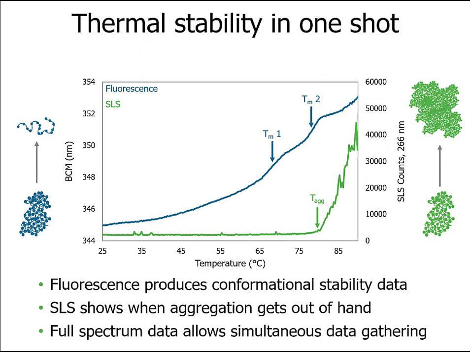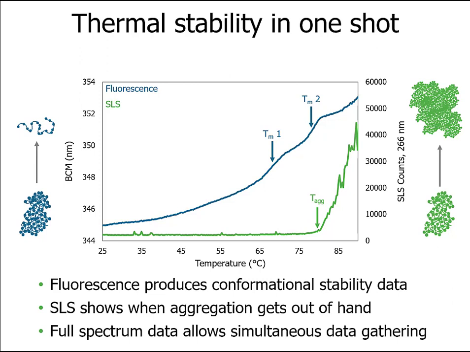Uncle delivers this fluorescence data simultaneously with gathering SLS data to get protein thermal stability and aggregation information in just a single experiment. Here we're looking at the results of a thermal ramp experiment where protein fluorescence is being tracked in blue and SLS is in green. Fluorescence shows your proteins unfolding and quantifies that with melting temperatures at Tm1 and Tm2.